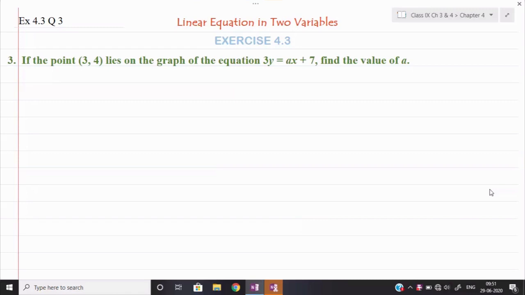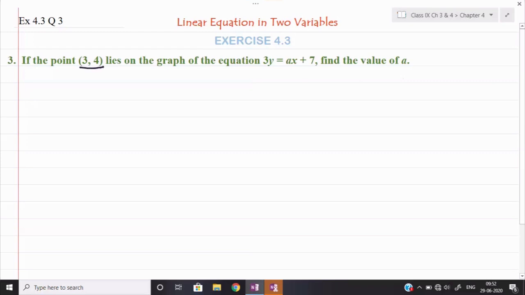In question number 3, we are given that if a point (3, 4) lies on the graph of the equation 3y = ax + 7, then find the value of a. Now here, since (3, 4) lies on the graph of the equation, we can say that (3, 4) is a solution of the given equation.